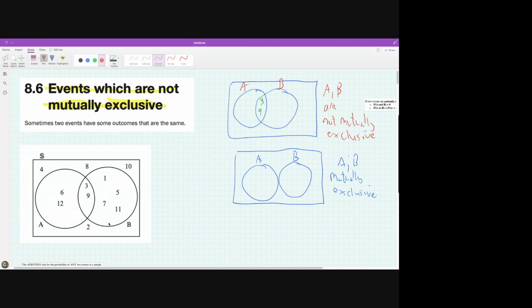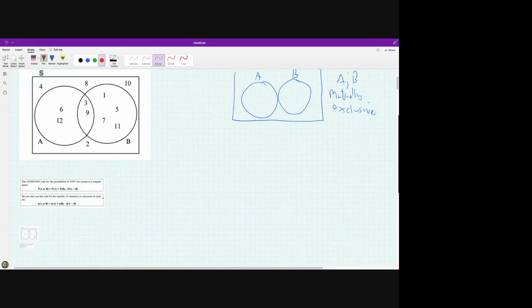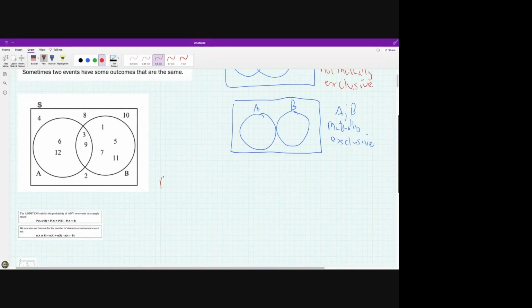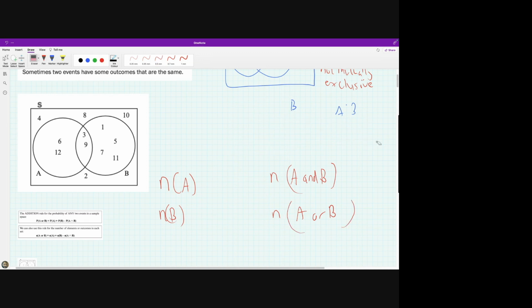All right, now let's focus on two events that are not mutually exclusive. So these are these two things here. I want you to write down for me how many items are there in A, how many items are there in B, how many items are there in A and B, how many items are there in A or B. So there are 4 questions on the board, and I want you to look at our little diagram here and work out the answer.